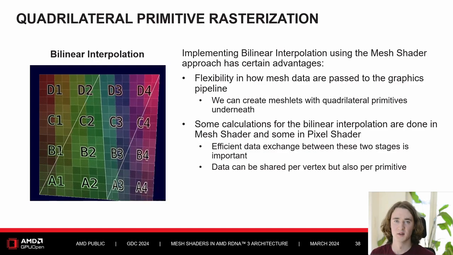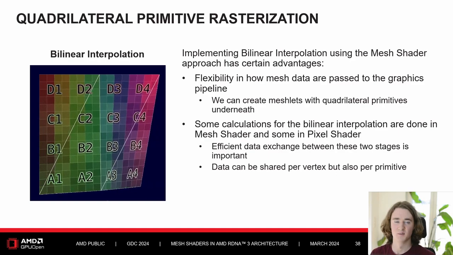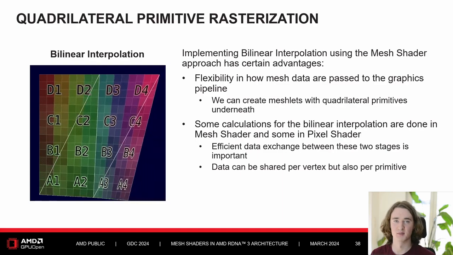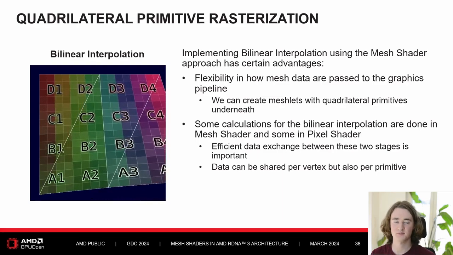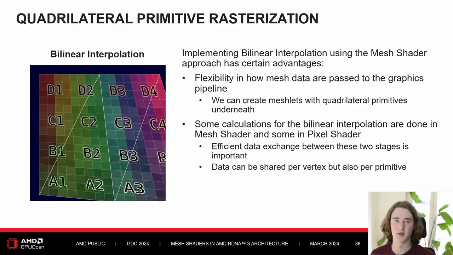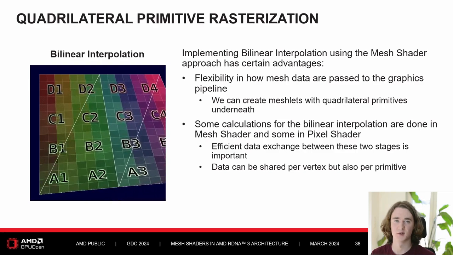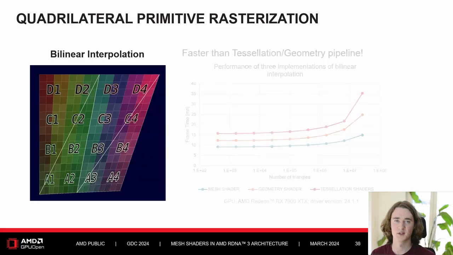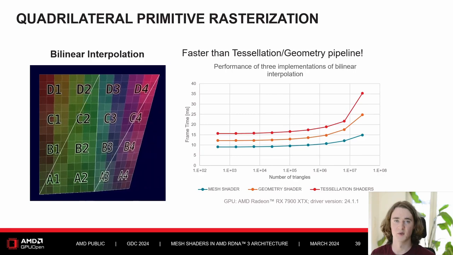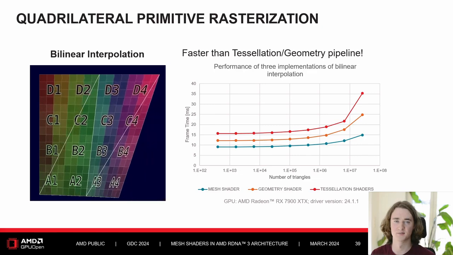In addition to that, the primitive attributes also offer greater flexibility overall, allowing us to more efficiently pass data between the mesh and pixel shader stages. In this case, we can even split some of the computation between the mesh and pixel shader stage, further increasing the efficiency in data transferred. This increased efficiency can also be seen in the performance, as the mesh shader is able to outperform comparable implementations using the tessellation and geometry shader stages.